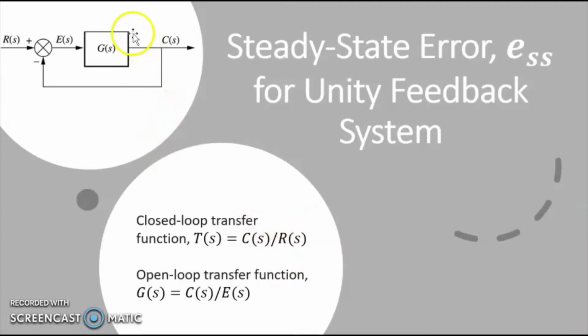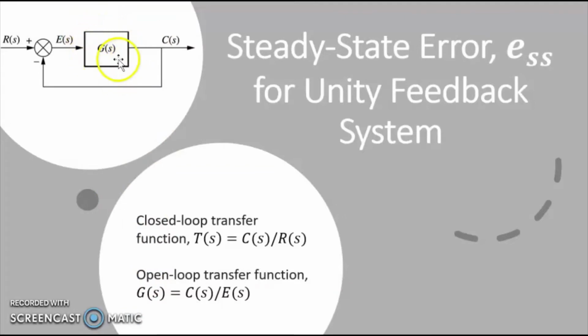If you remember, for a single system with the input here and the output there, that transfer function is the closed loop transfer function, C over R. The second is the open loop transfer function.